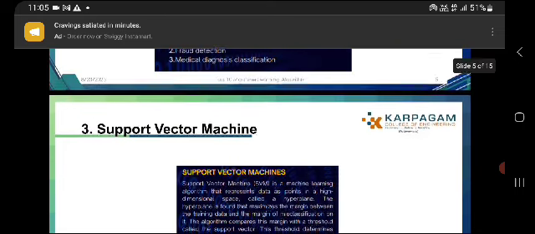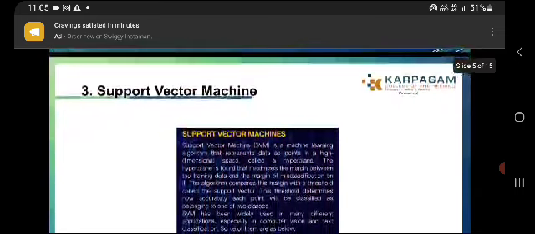The third algorithm is the support vector machine, also called SVM, which is a supervised learning algorithm that can be used for both classification and regression problems. However, it is primarily used for classification problems, and the goal of the SVM is to create a hyperplane or decision boundary that can segregate the data sets into different classes.